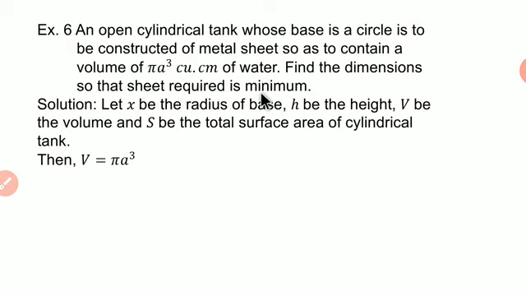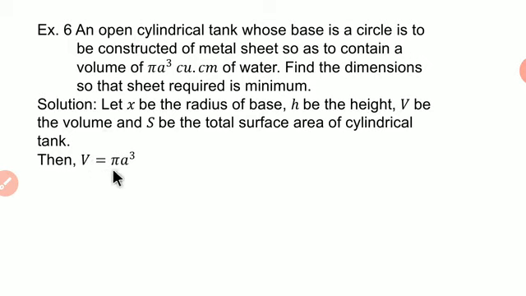Now this cylindrical tank is open. So first of all we assume its radius, height, volume and surface area. So let x be the radius of base, h be the height, v be the volume and s be the total surface area of the cylindrical tank.